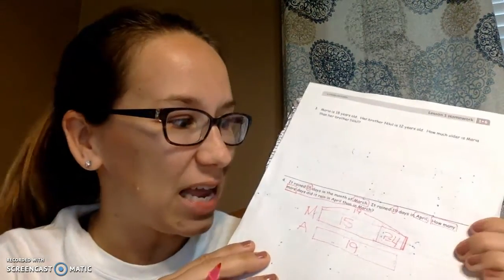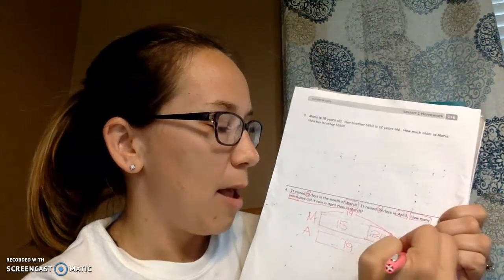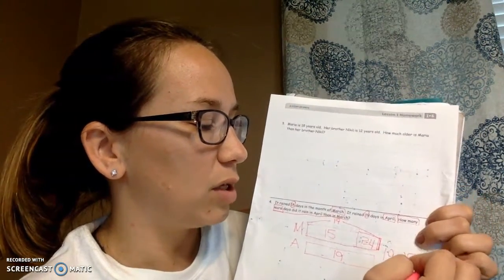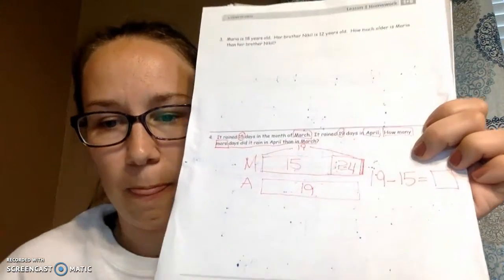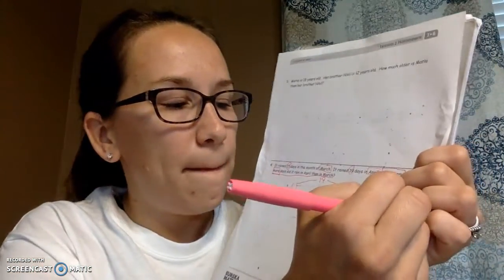Where does the biggest number go when you subtract? It goes at the beginning. So my biggest number out of 15 and 19, we said earlier, was 19. So 19 minus my other number that I know, my part, 15, equals blank. And I figured out that it is 4.